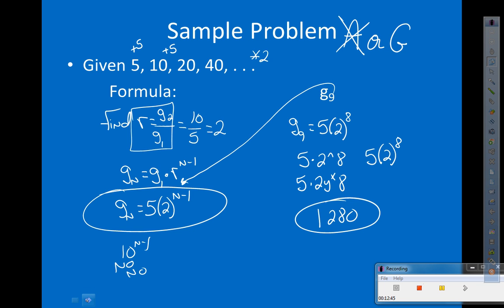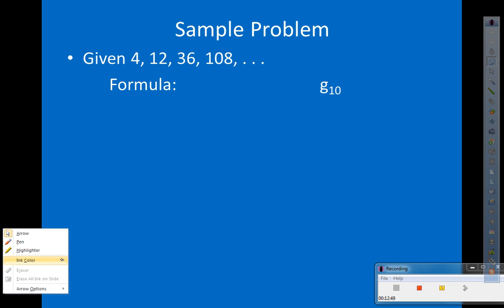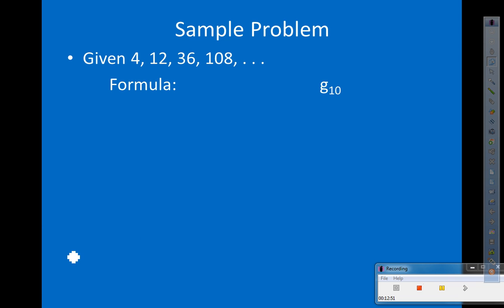Here comes another example. Write it down if you think you need to. If you don't need to, then that's A-OK too. You got the video, you can pause it, do what you want. But the formula, once again, G sub n equals G sub 1 times R to the n minus 1. My formula, G sub n equals G sub 1, which is 4.